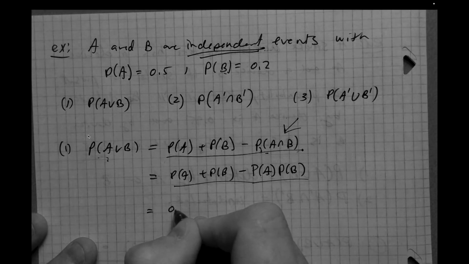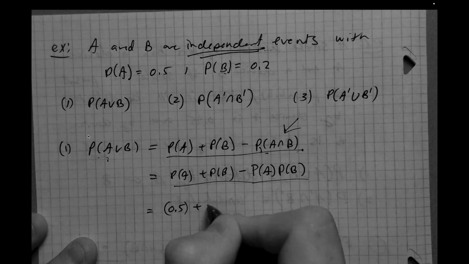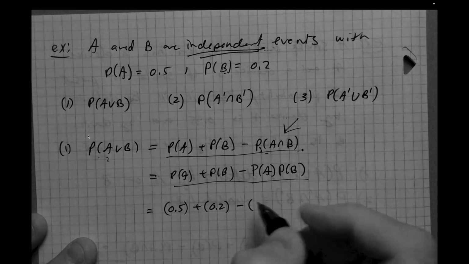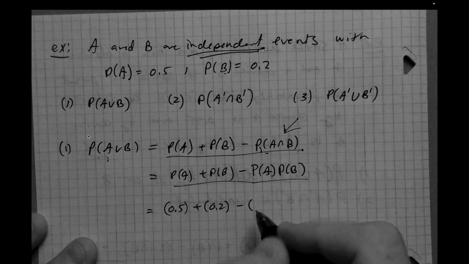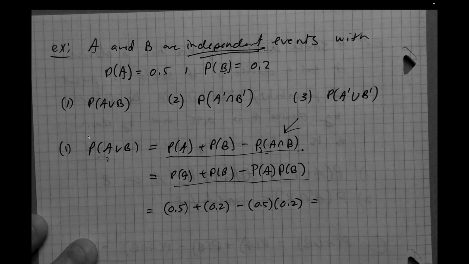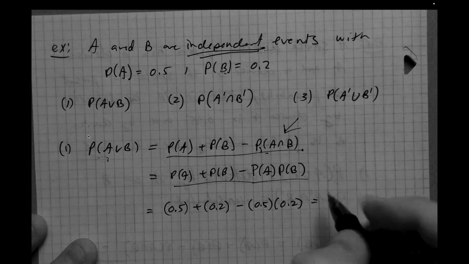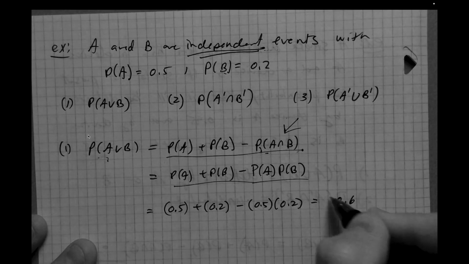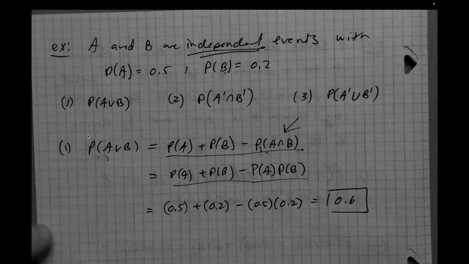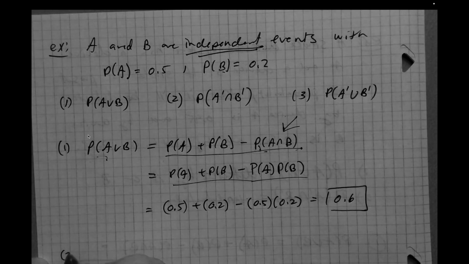The probability of A is 0.5, the probability of B is 0.2, and the probability of A and B is the product, 0.5 times 0.2. When you do all that math, you will get 0.6. So that's part 1. What about part 2?